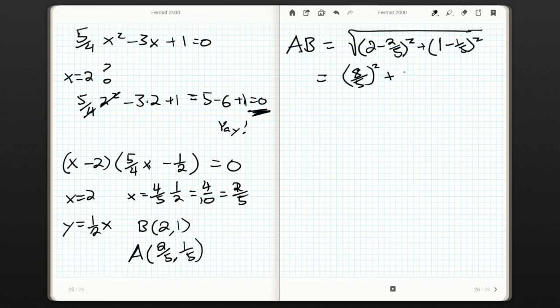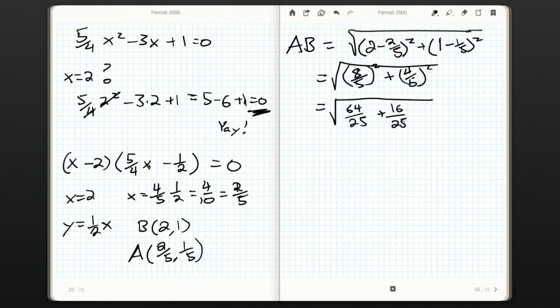And then 1 minus 1/5, that's going to be 5/5, sorry, 4/5, all squared. And then we'll have 64 over 25 plus 16 over 25. So that becomes 80 over 25.